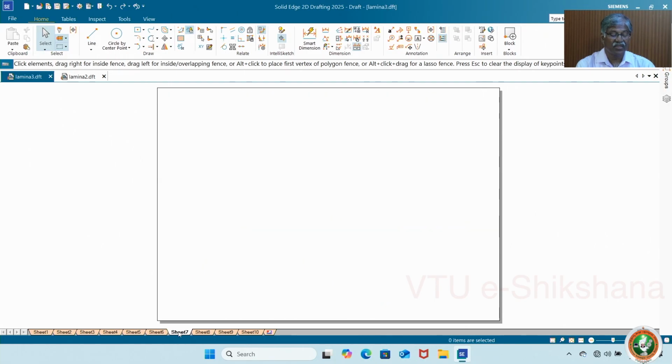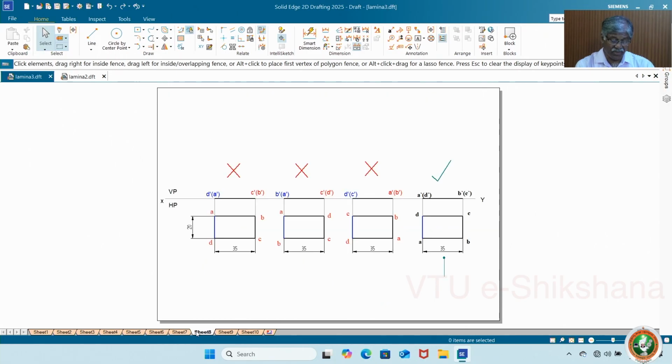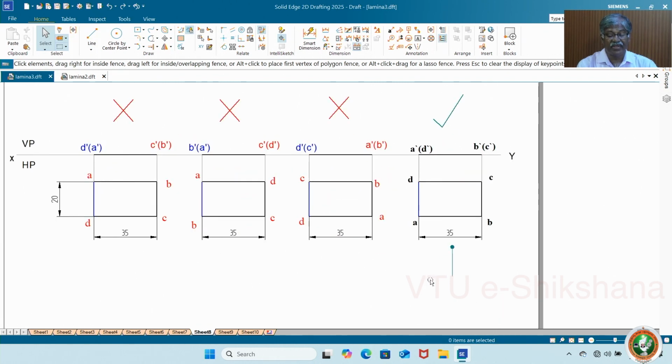Next comes, I have told you how to manage naming. Now let me take these 4 figures. People take these from some books also, so better avoid that. You get the correct answer, but it leads to confusion for both teachers and students. Now this is the best way of working.